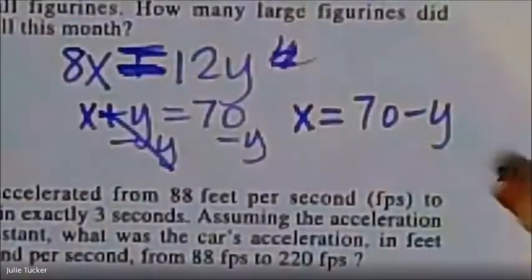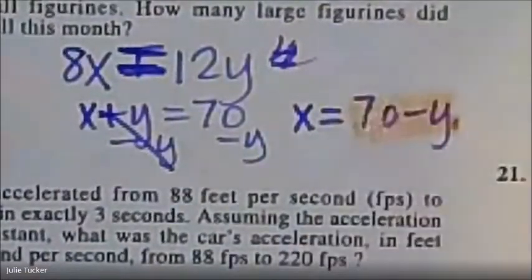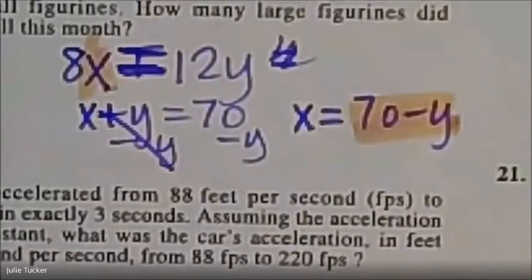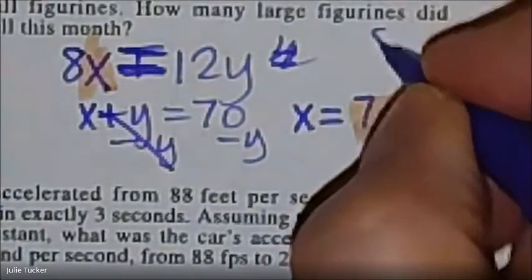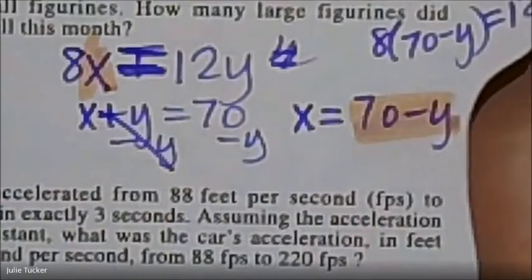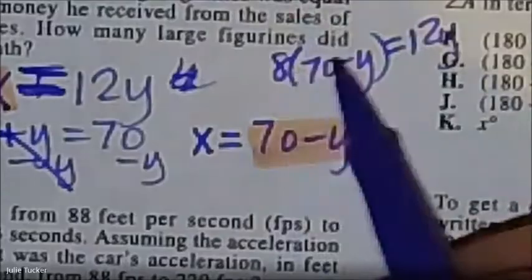Then we have to put that in here, right? And do substitution. So then we'll have 8 times 70 minus y equals 12y. And then we have to work it out.